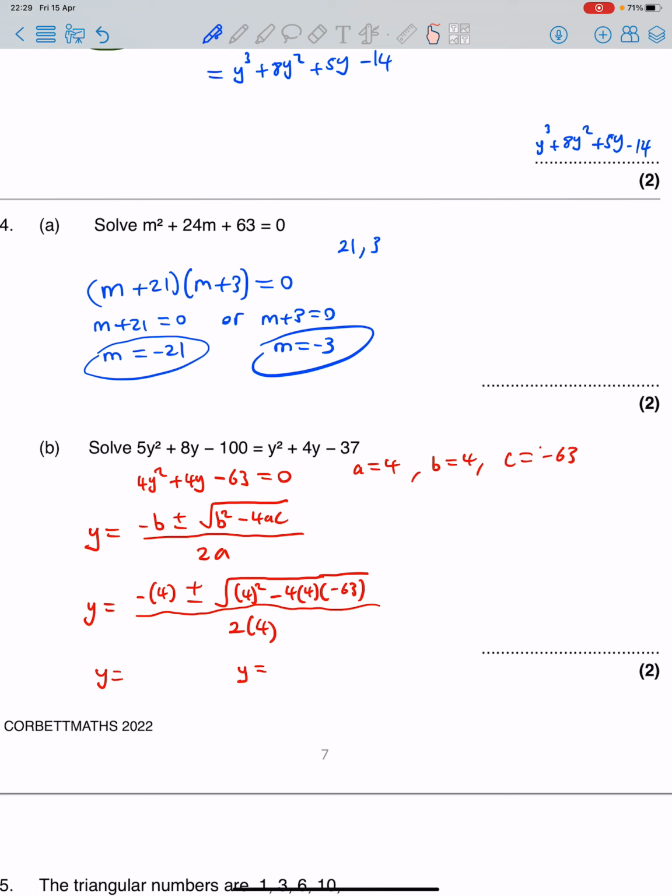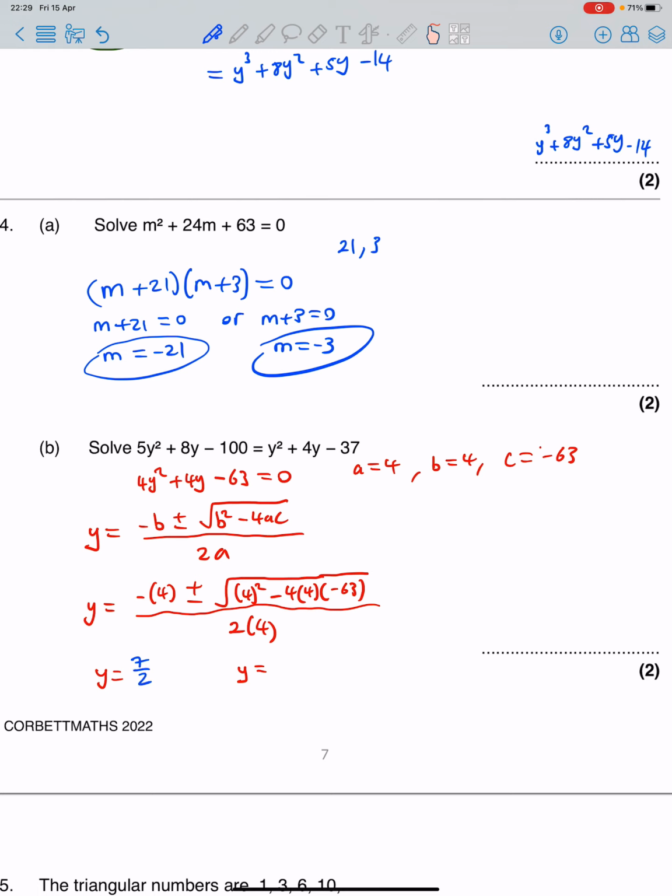We've got minus 4, putting in the bracket, plus the square root of 4 squared minus 4 times 4 times bracket minus 63, all over 2 lots of 4. Oh, that's a nice number. So one of my answers is 7 over 2, so it probably was factorizable, but it's okay.